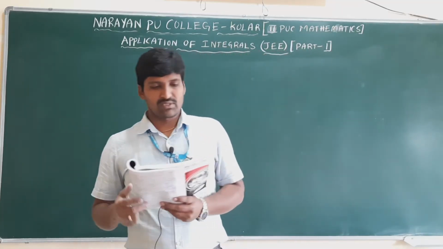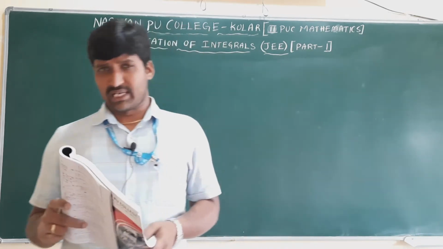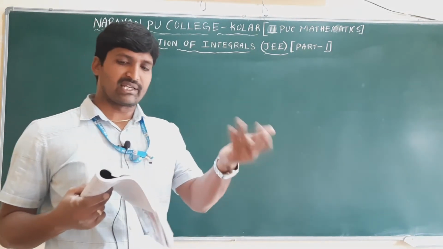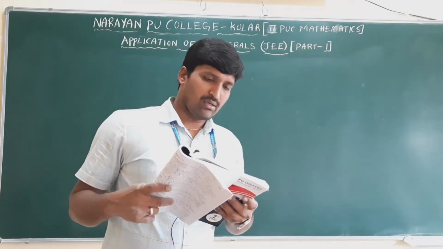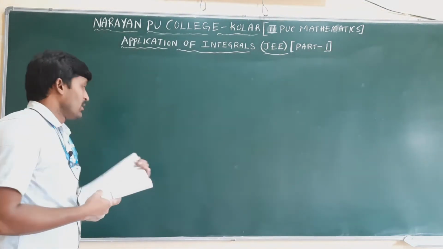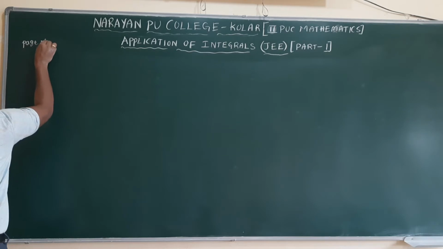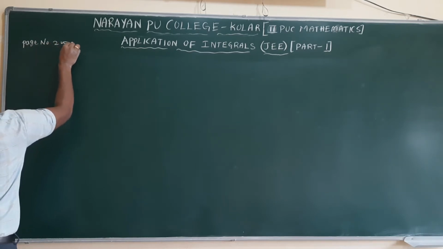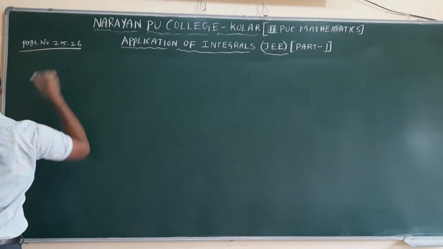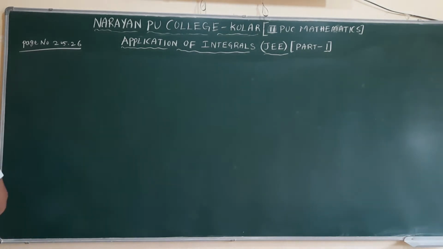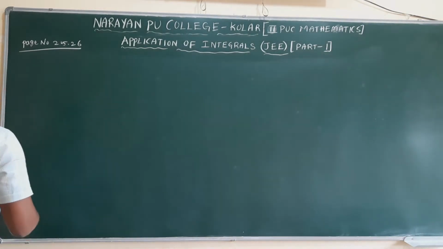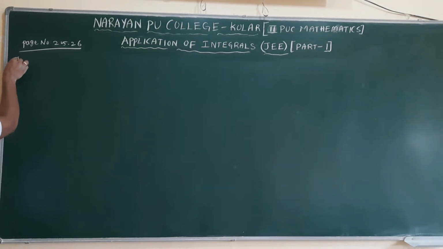Okay, I'll start problems. Now application of integrals, areas is also given in the definite integrals chapter only. Page number 25.26. From question number 76 to 95, area questions are there. Coming to question number 76.